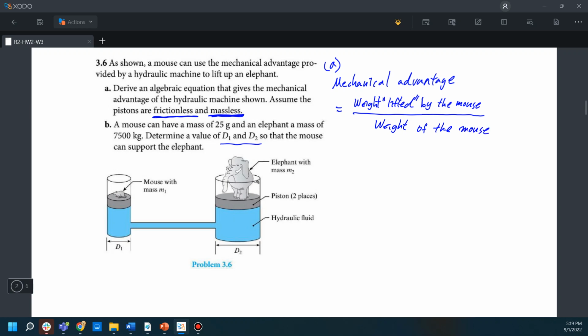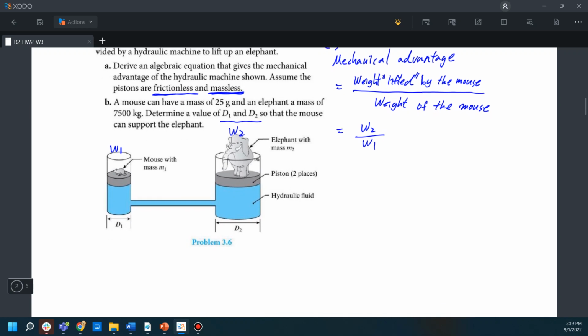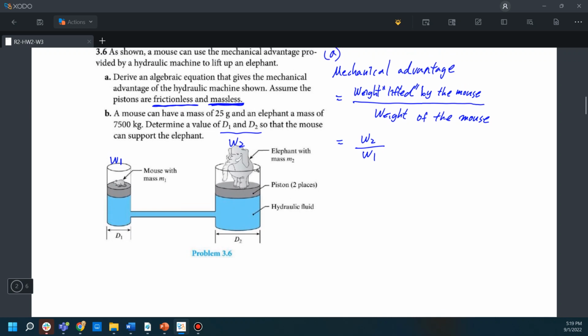Okay, so we denote that as W2 over W1. So if we plug that into this figure, here we have the weight 1, and here we have the weight 2. Okay, so that's the definition for the mechanical advantage.